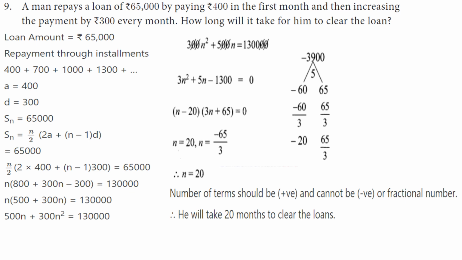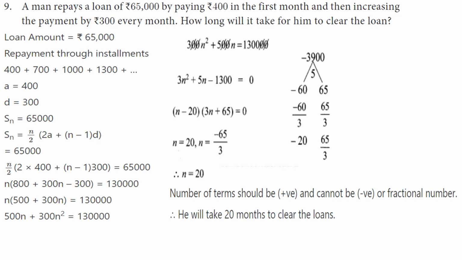Multiplying n through, 500n plus 300n squared equals 1,30,000. Dividing by 100, you get 3n squared plus 5n minus 1,300 equals 0. Factorizing, with the product minus 3,900, you get minus 20 and 65 by 3, that is (n minus 20) into (3n plus 65) equals 0. So n equals 20 or n equals minus 65 by 3.